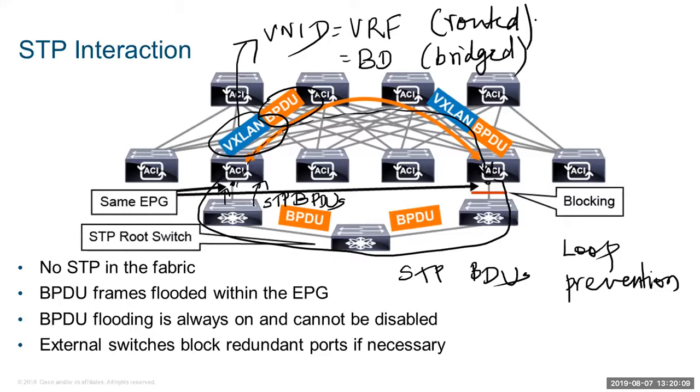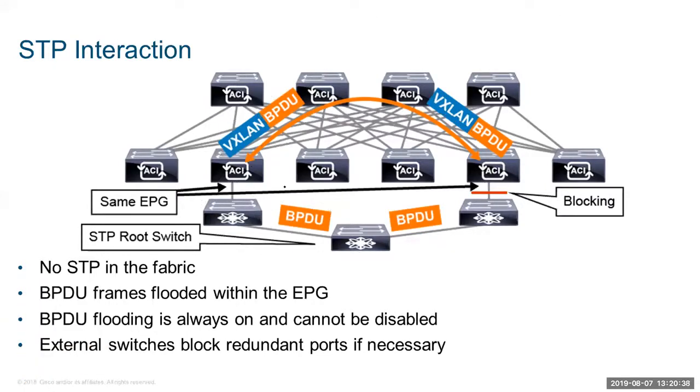What do I mean by routed or bridged? What's the difference? How does ACI determine whether it should route a packet or bridge the packet? For example, let's say I have a frame coming in this way.